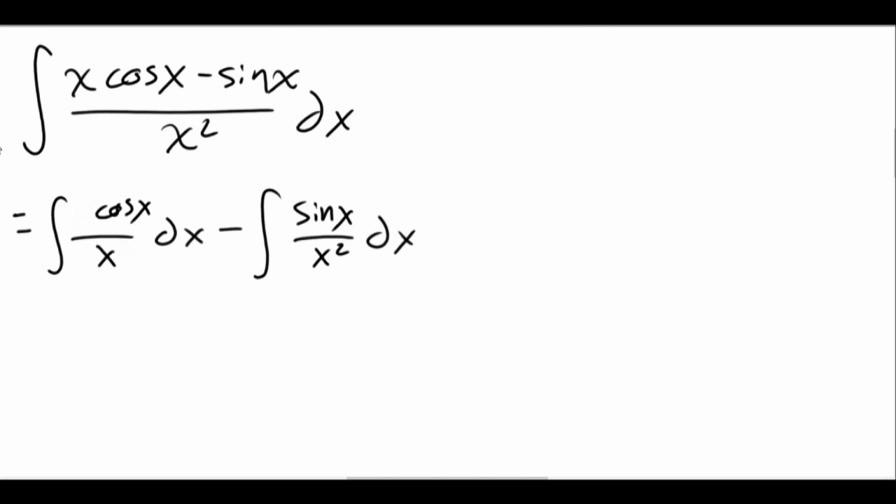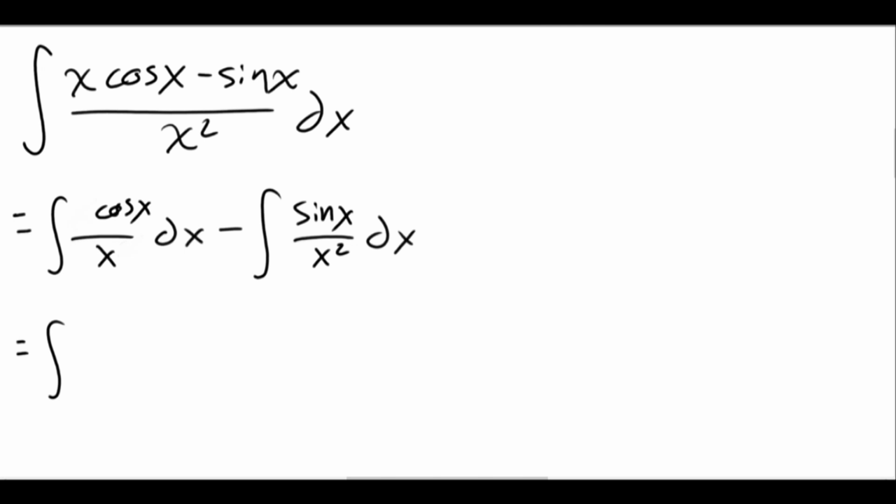And the question is, how do we attack this? Well, you may recall that sine and cosine have relatively simple Maclaurin series that we can use to represent these functions, and they're convergent for all real numbers, which is very convenient.